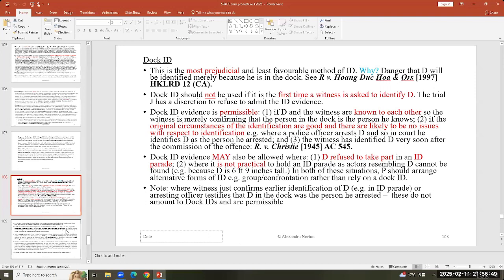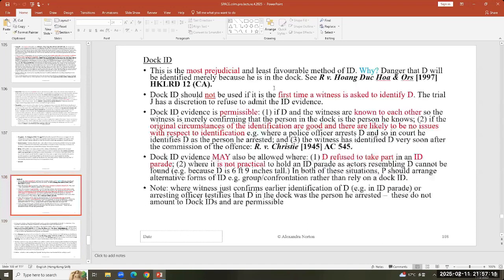We don't need an ID parade first. Sometimes if the defendant has refused to participate in an ID parade, that could be used to justify why the prosecution want to do a dock ID. But usually, because of the prejudicial effect, they should have attempted some other form of identification first.